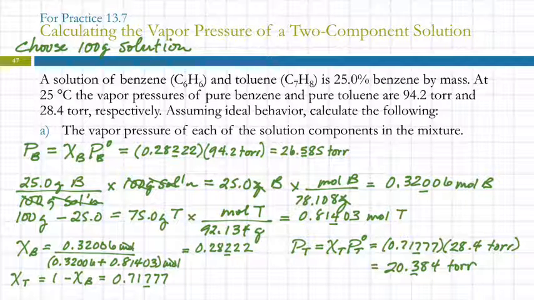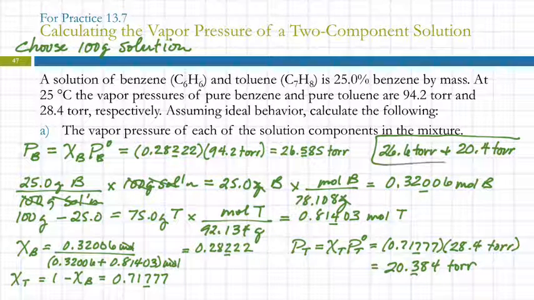Any questions? So those would round to 26.6 torr and 20.4 torr. If we wanted the total pressure, we would just add them together. Any questions?